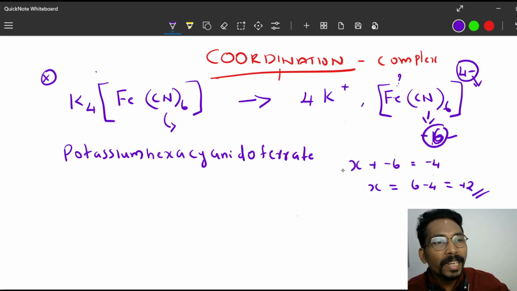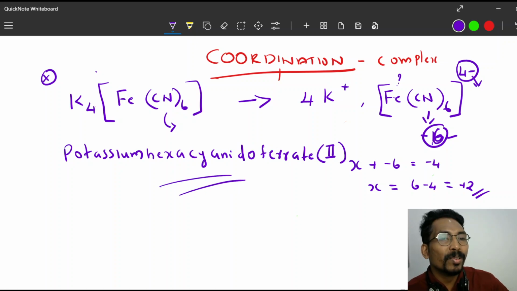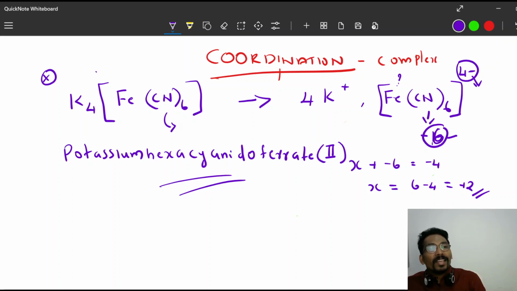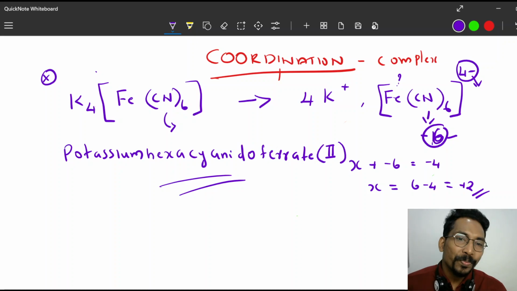Okay, so ferrate and oxidation state. What is the oxidation state? That is 2. So in square bracket, Roman letters. So this is the complex. Potassium hexacyanidoferrate(II). Potassium hexacyanidoferrate(II). Clear?